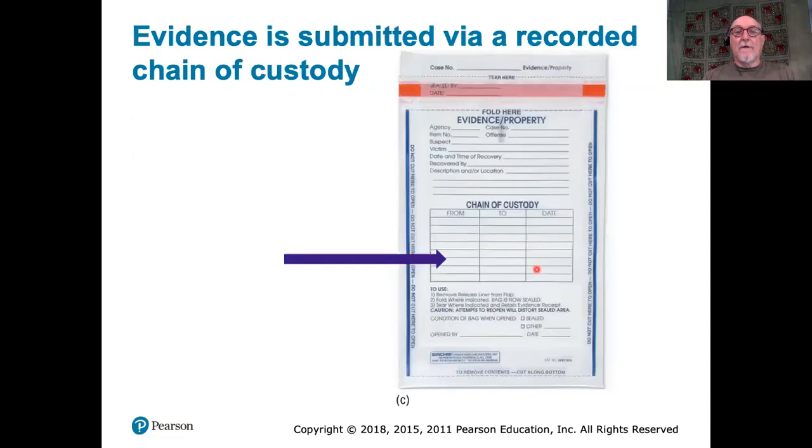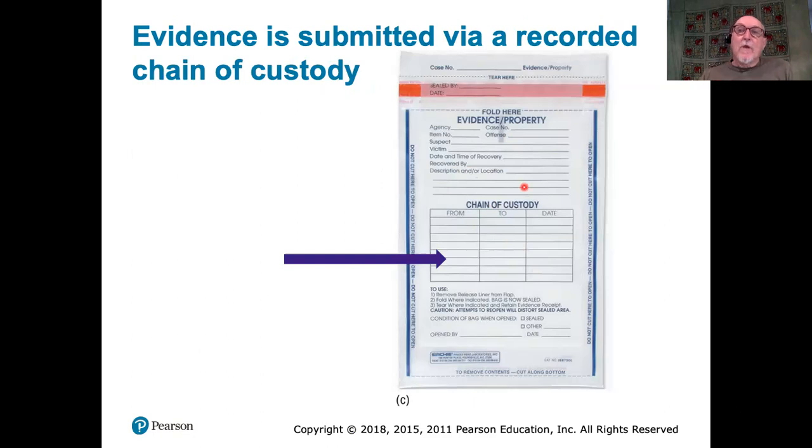So, right. Remember I said you take a careful look at all of those forms and everything that are on the front of those envelopes. Here's a critically important feature of packaging of evidence, and that is that all evidence is submitted via what is referred to as a chain of custody.